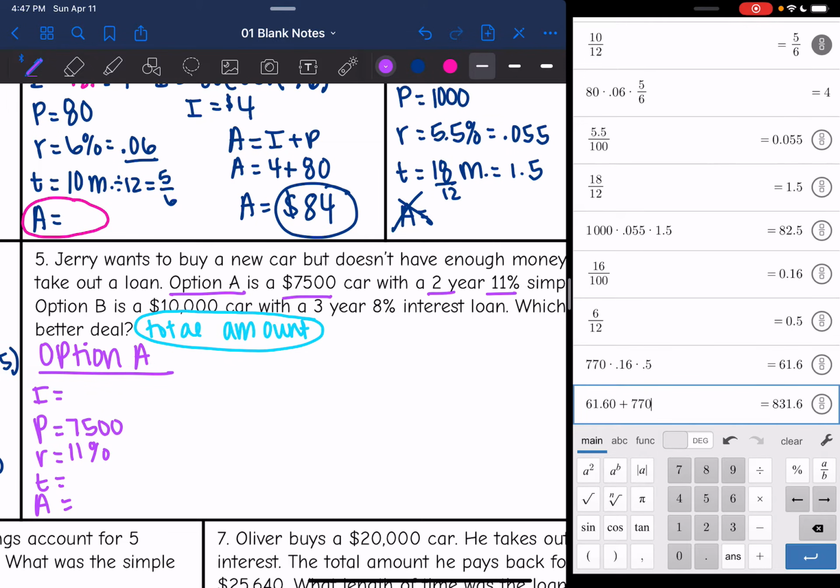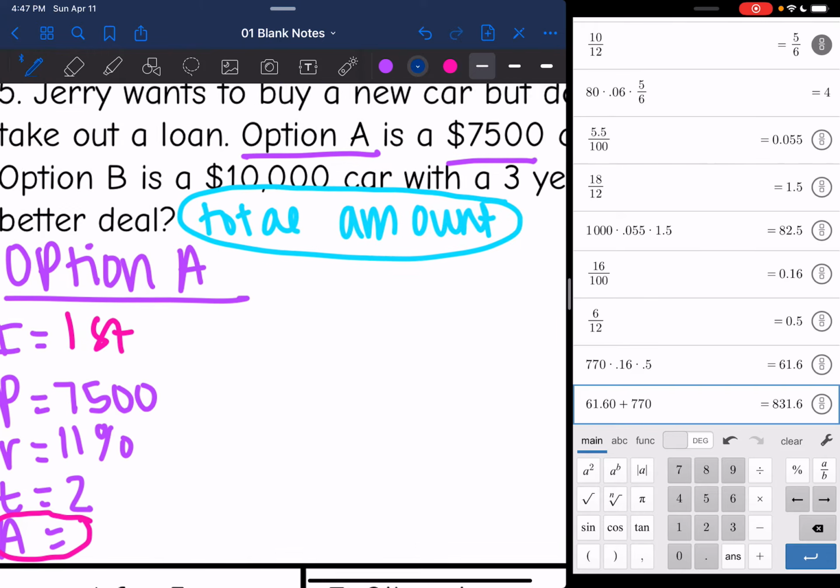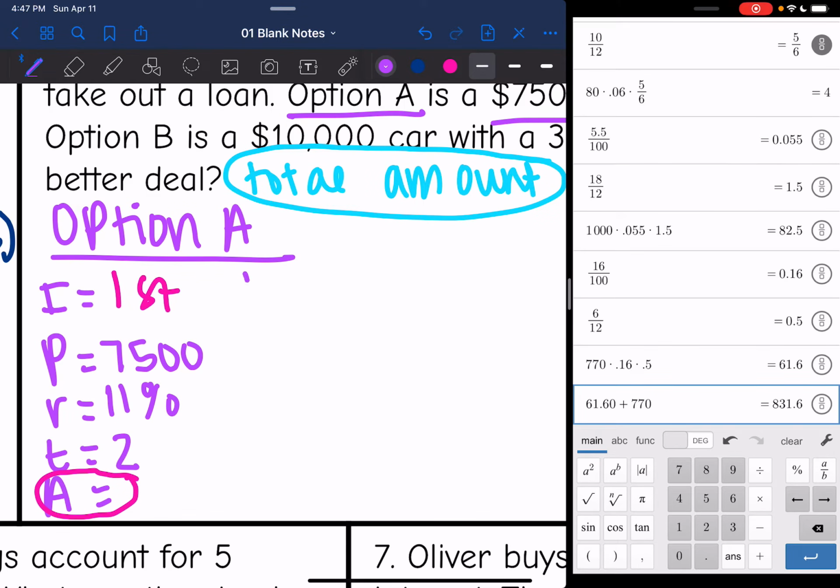And the time is 2 years. So I need to find the total amount, but that means I have to find the interest first. So I'm going to do I equals PRT to find the interest first. Don't forget to convert. 11% is 0.11 as a decimal. 2 years, we're good. We don't have to convert it.